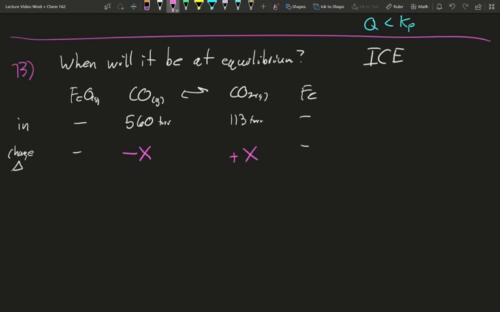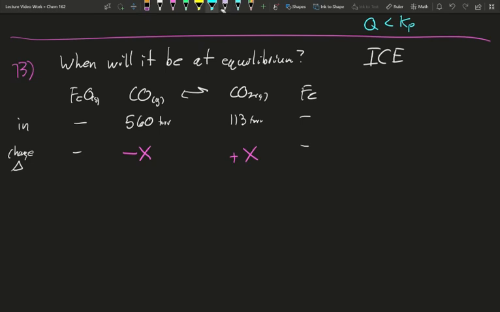Well, for every one CO that gets used up, it makes one CO2 just from the balanced reaction. So whatever number of carbon monoxides goes away, I must produce the same number of carbon dioxide. If I'd had a 2 in front, I would have had twice as much formed, but this is a 1-to-1 reaction.